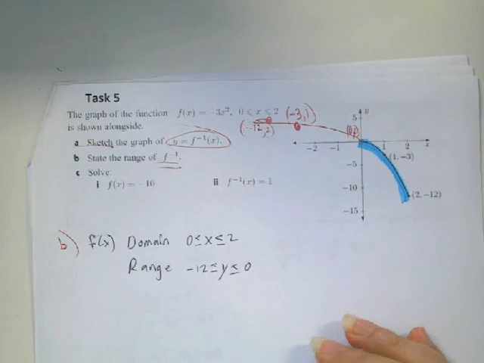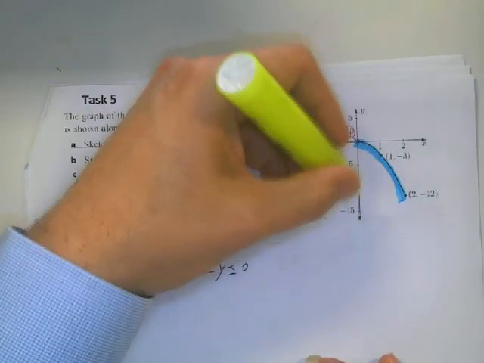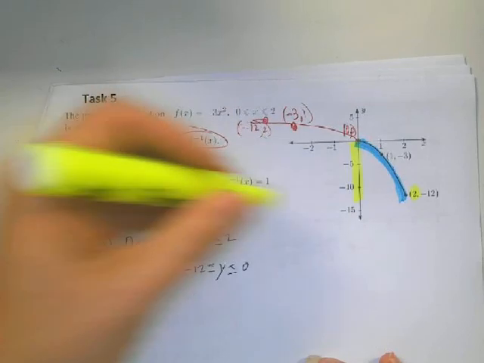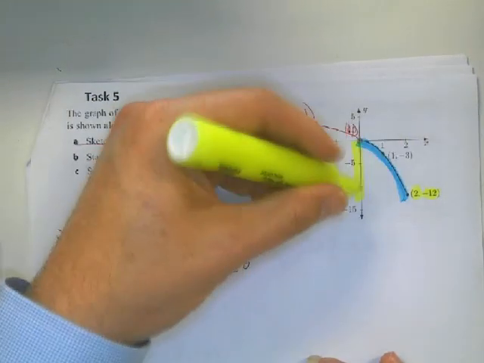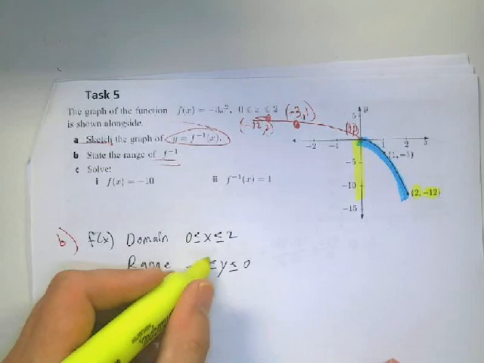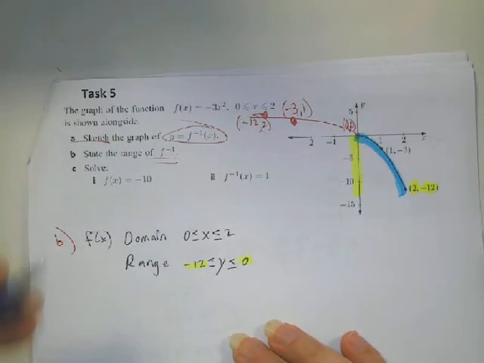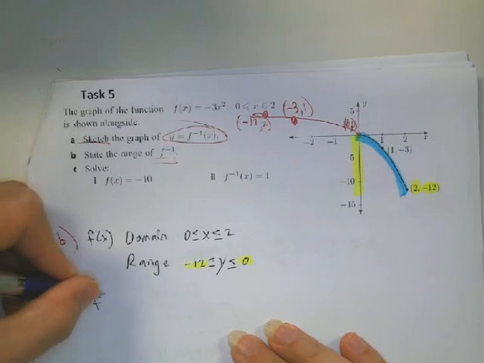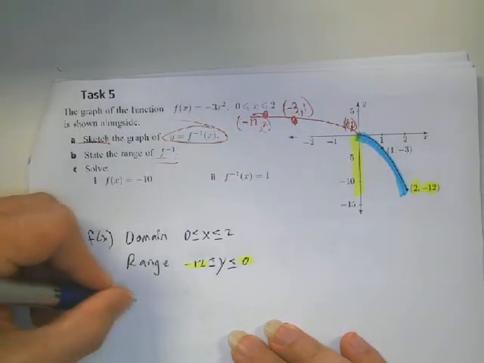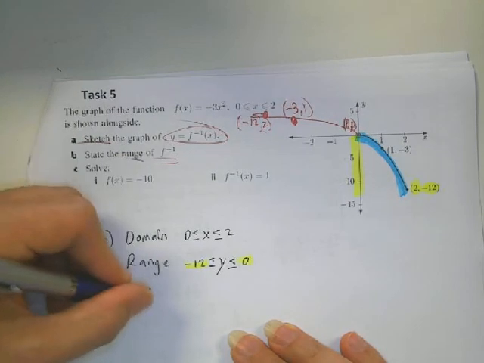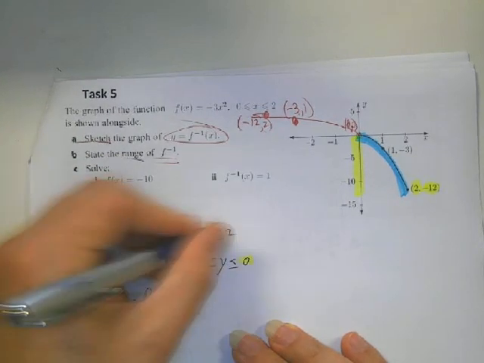Right? Goes from negative 12 up to 0. So my inverse function, the range is equal to the domain of the original function.